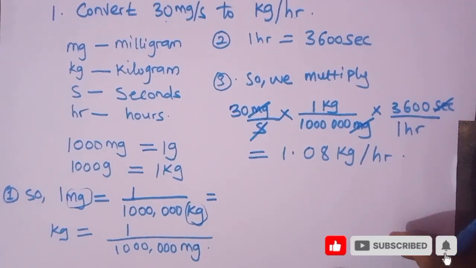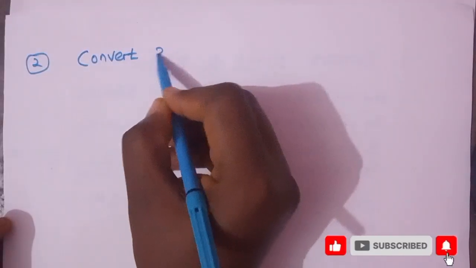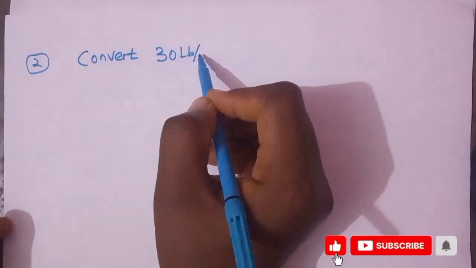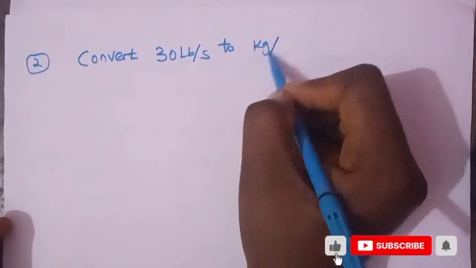So let's solve the second question. The second question, we are asked to convert, that is question 2. We are asked to convert 30 pounds per second to kilogram per minute.